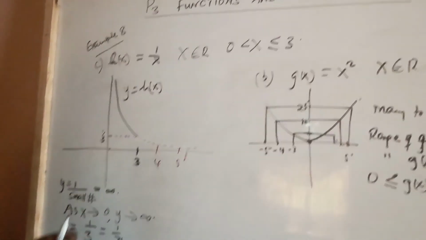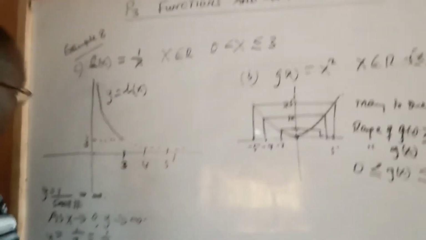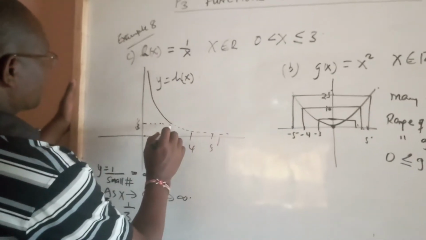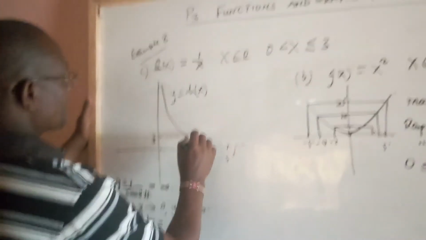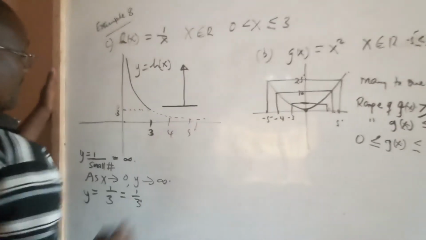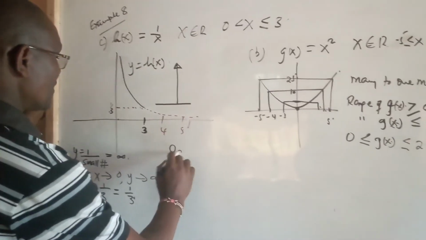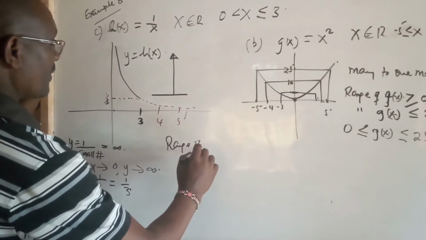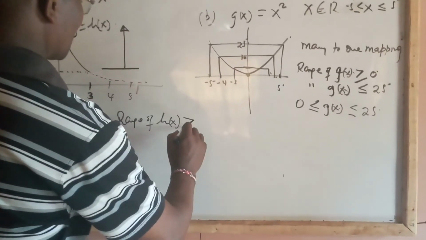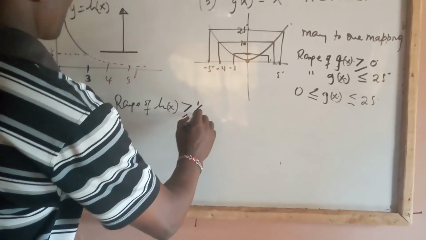But now, because we do not have that provision, our final value of x is 3, so you can already see the value of y starts from there moving forward. So the range of the function of x is greater than or equal to a third.